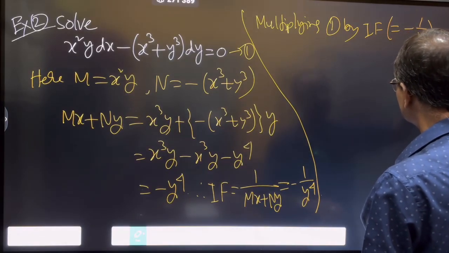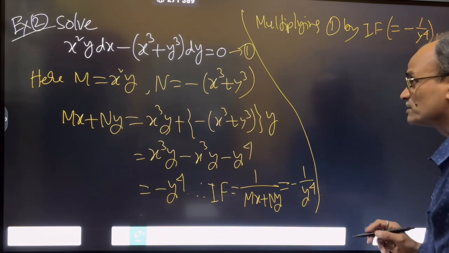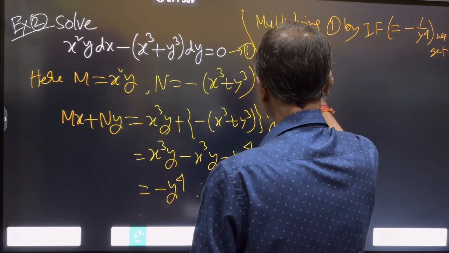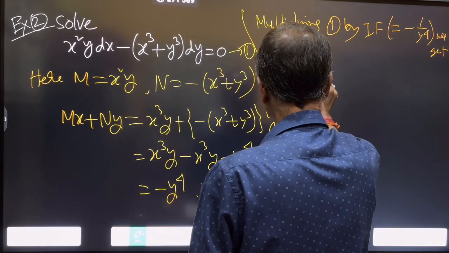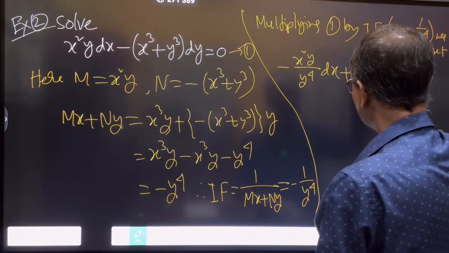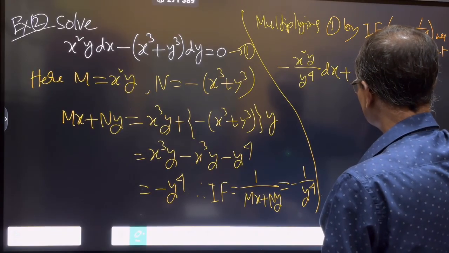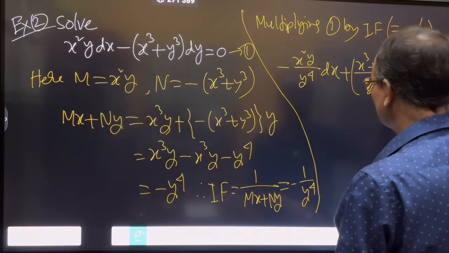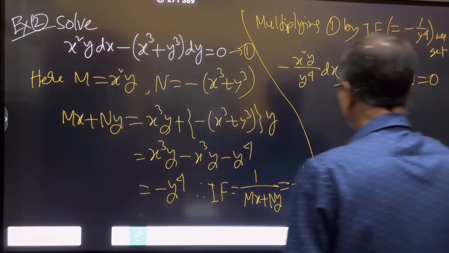We get, multiply this by minus x square y by y to the power 4 dx. It will be plus x cube plus y cube divided by y to the power 4 dy. This is equal to 0.